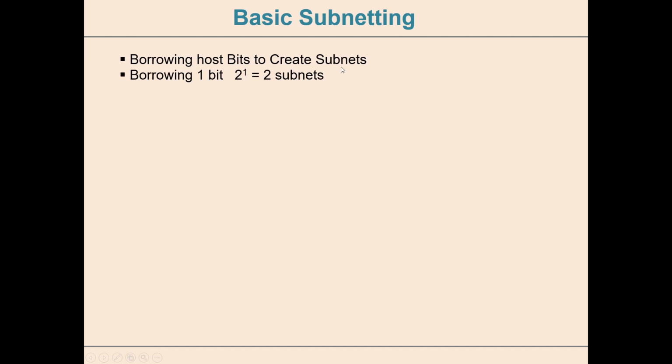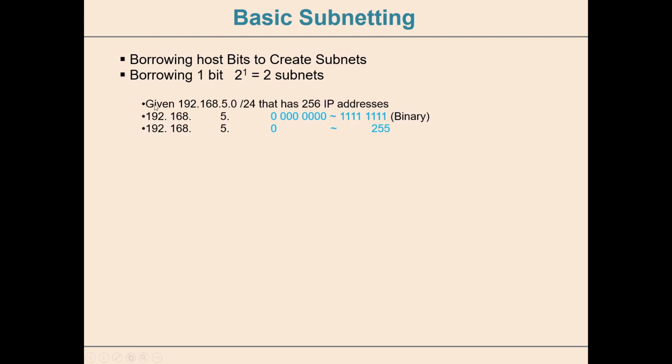We know any given IP network has a network portion and a host portion. Say we have an IP network 192.168.5.0/24 that has 256 IP addresses. We want to subnet this given Class C network and create 2 smaller subnetworks.